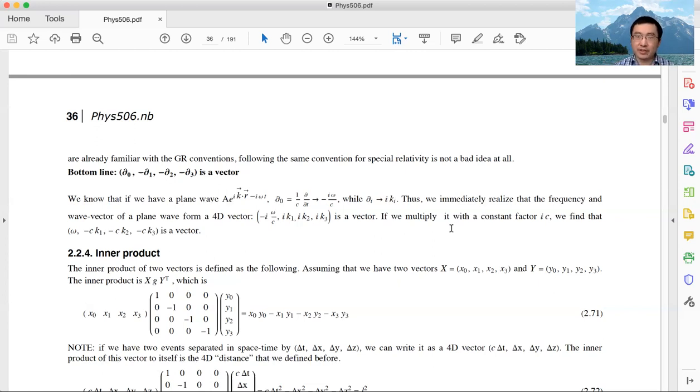If we want our physics law to stay the same under spatial rotation and the Lorentz boost, in other words under 4-dimensional rotation, then what we need to do is very simple. We need to organize our physics quantities in terms of 4D vectors, 4D scalars, and 4D tensors, and make sure every single physics law we write down satisfies this relation: scalar equals scalar, vector equals vector, tensor equals tensor.